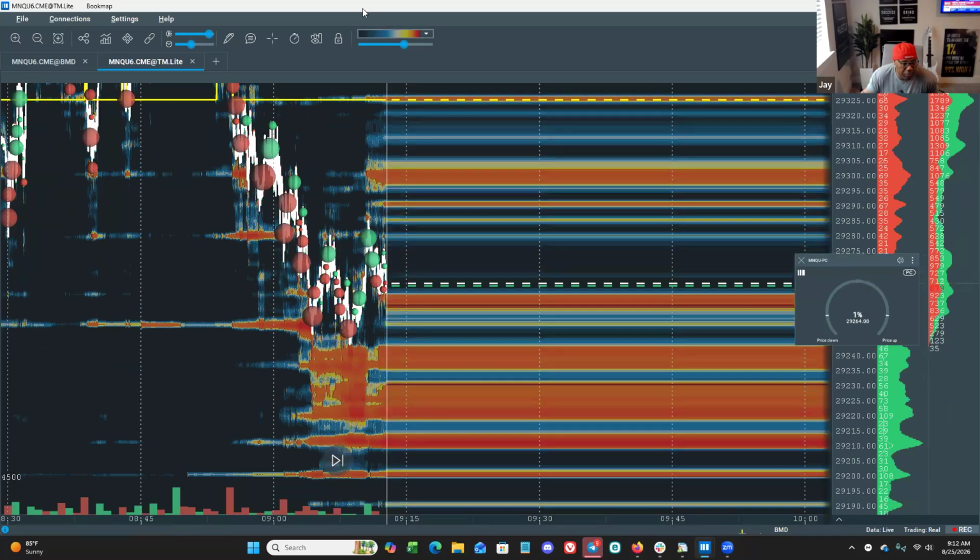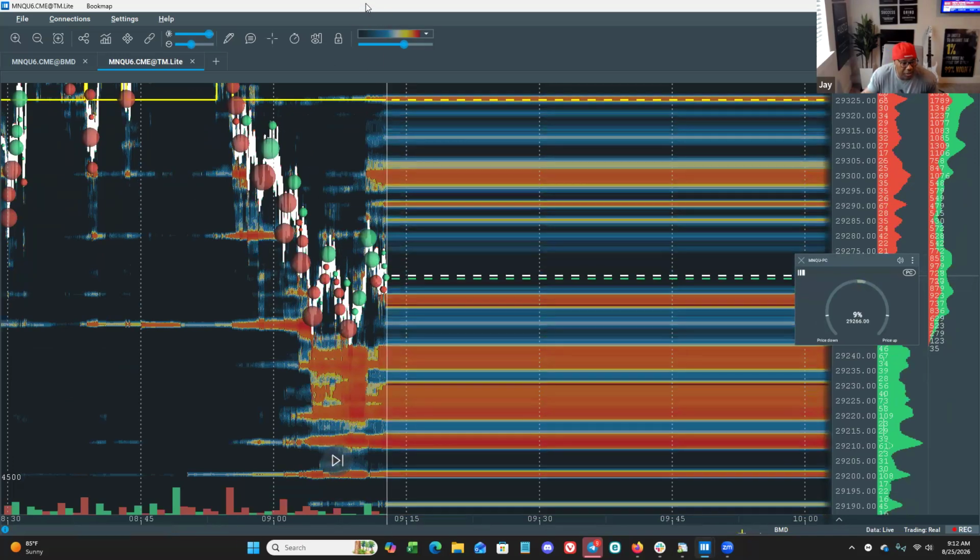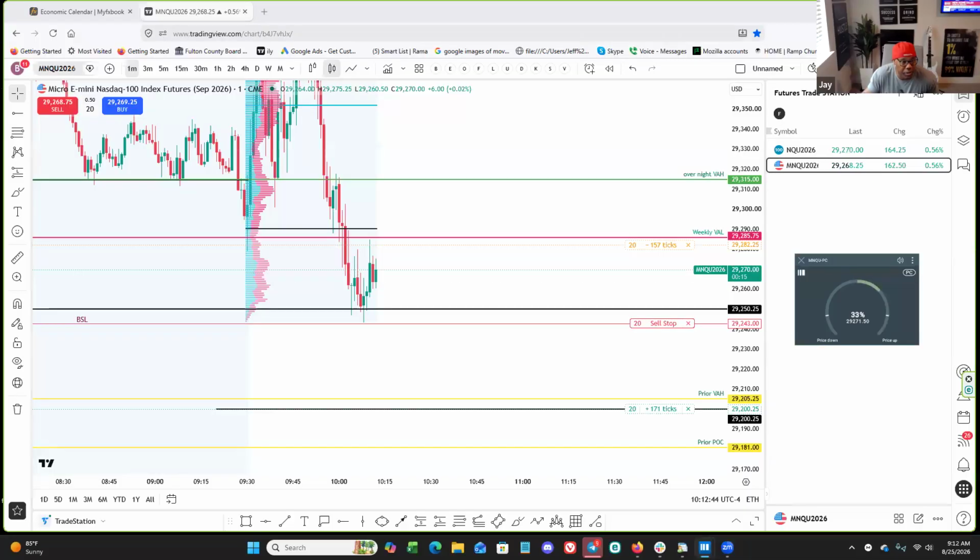I really think we could get this sell off. I hope we do, but we'll see. We will see if we can get this sell off.